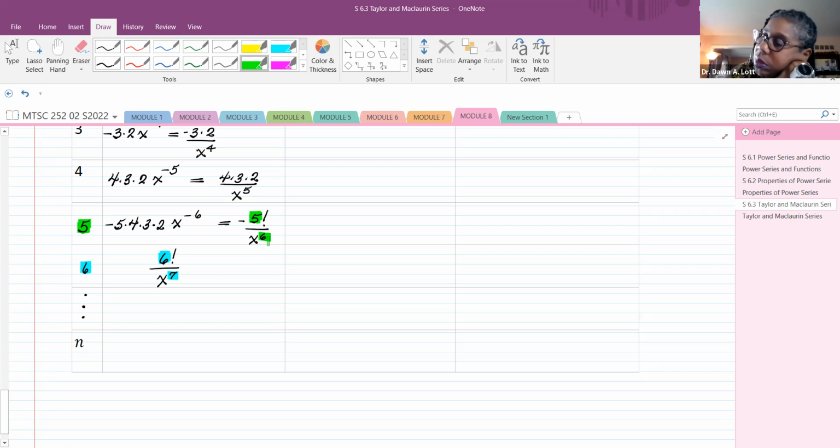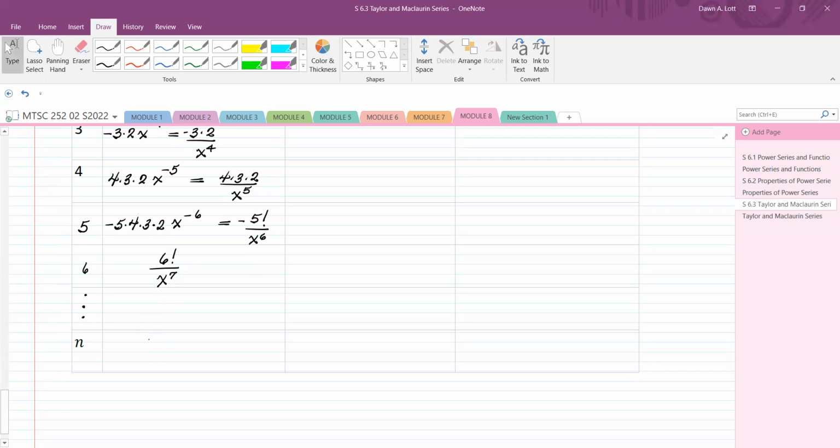All right, can anybody see a pattern? If I have n, what am I going to have? I think it's negative 1 to the n multiplied by n factorial, all divided by x to the n plus 1.